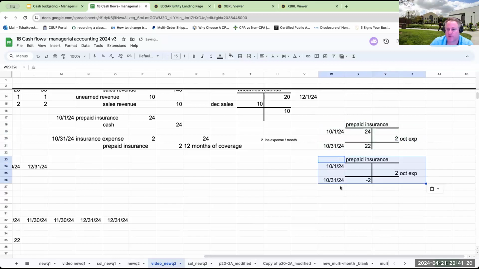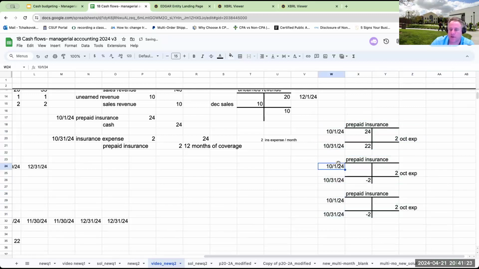So let's just go through and do this for prepaid insurance. The ending of October becomes the beginning of November. So my beginning balance here is going to be 22. My November expense is going to be 2,000 each month. So at 11/30/24, the balance is going to be 20.